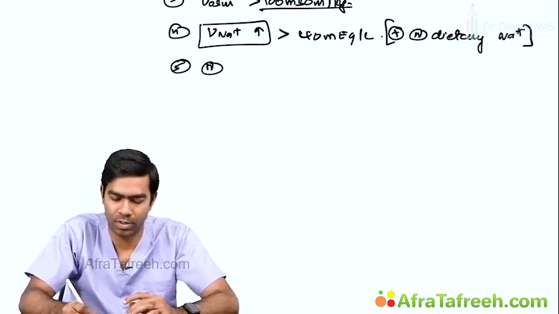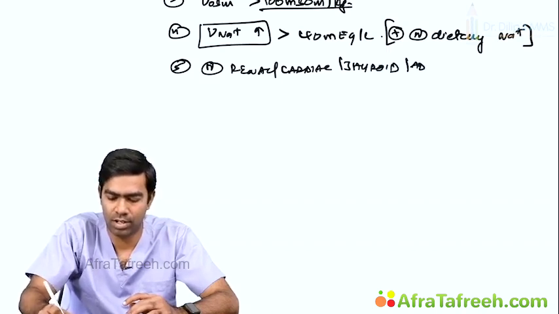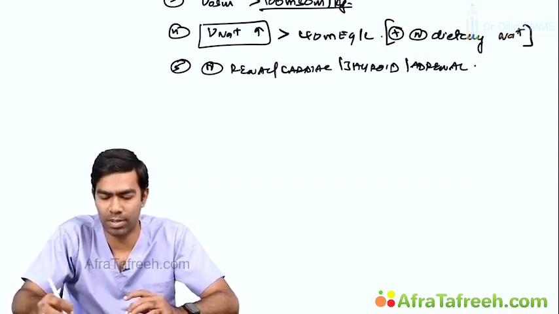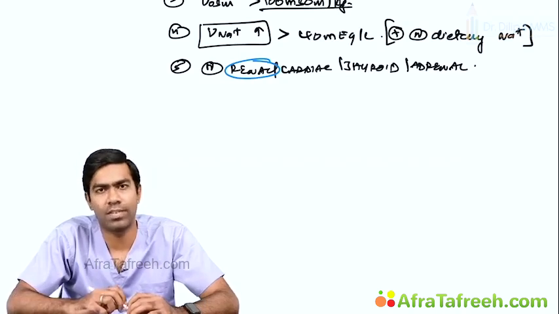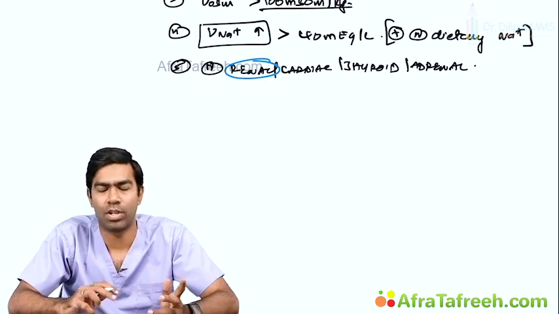Number 5, patient should have normal renal, cardiac, thyroid and adrenal function. So these are again important prerequisites. Patient should not have organ damage, because if the patient does not have normal renal function, the urinary sodium may be high, but urine osmolality will not be high.